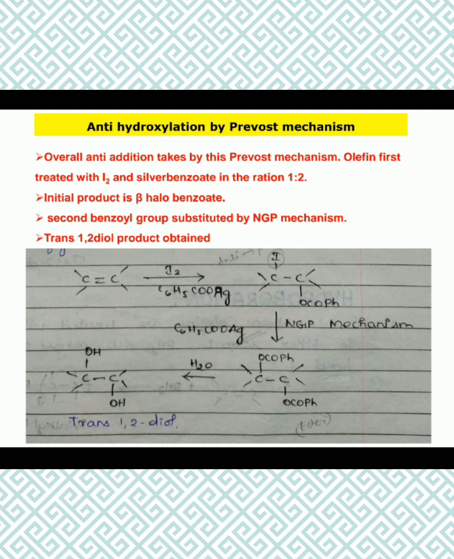That means the benzoyl group present in beta iodobenzoate acts as the internal nucleophile and approaches the carbon from the backside of iodine. As a result of this, the iodine leaves and the incoming benzoyl group acts as the external nucleophile which attacks the carbon atom where the iodine was originally attached.